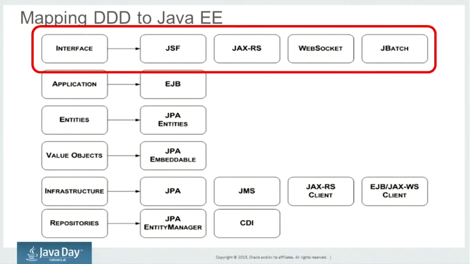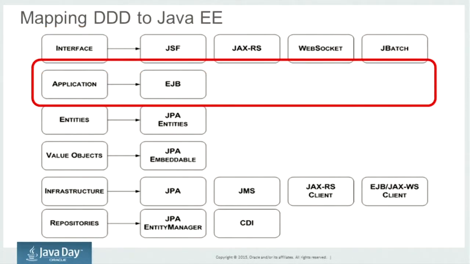Things in the interface layer will generally be implemented in Java EE using technologies like JSF, or JAX-RS to implement RESTful services, or WebSocket to implement WebSockets, or perhaps JBatch for doing batch processing, or EJB scheduling, and so on and so on. These are all infrastructure level, interface level concerns that map clearly to Java EE APIs.